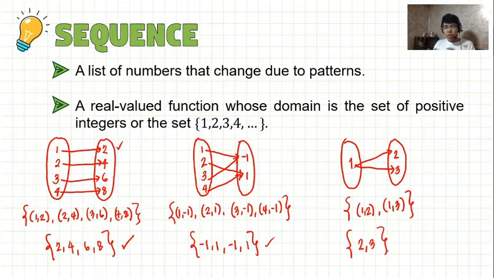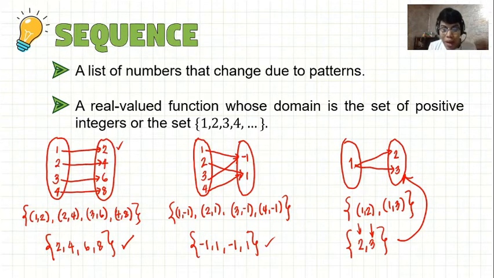Now, suppose I write it as 2, 3. If we look at this as a sequence, my first term is 2 and 3 will be my second term, which violates the mapping, because 1 is mapped to 2 and 3. Both 2 and 3 should be the first term.